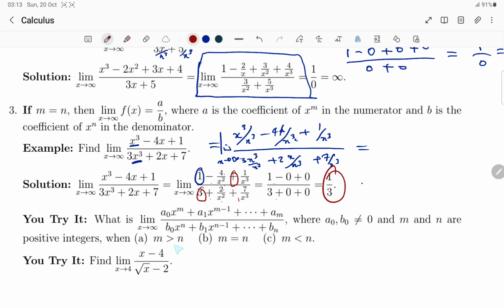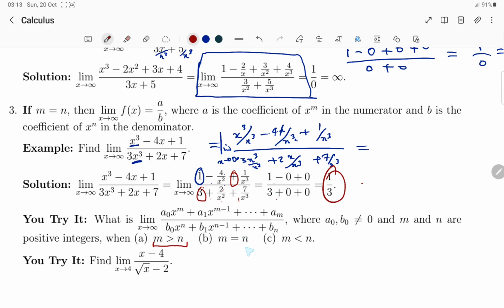This one is just similar to the cases we were doing. You can see that if m is greater than n, we'll have the power on top being greater than the power on the bottom. So the answer generally will give us infinity according to what we just did.